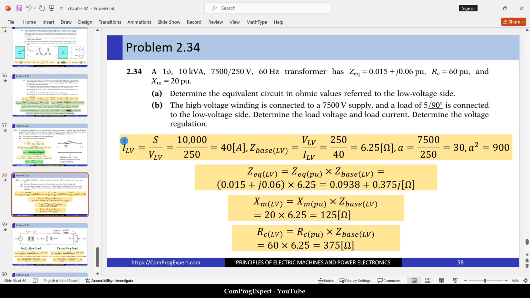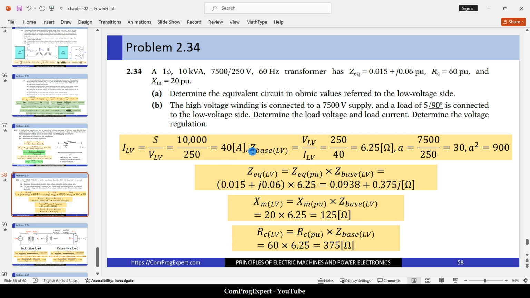The base value of the current for the low voltage side is here, the apparent power divided by the voltage. The low voltage side is 250. 10 kVA is 40 amps. What is the value of the Z base?